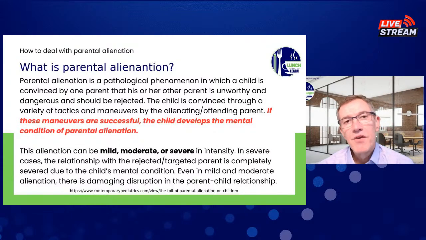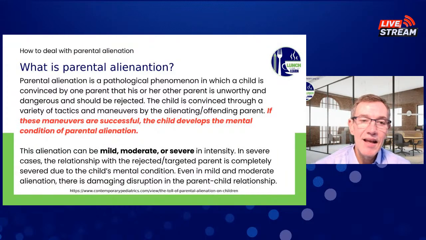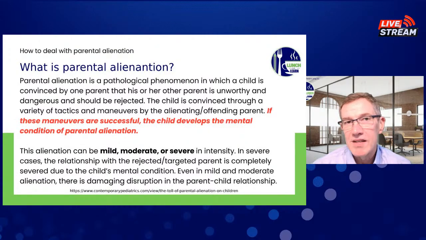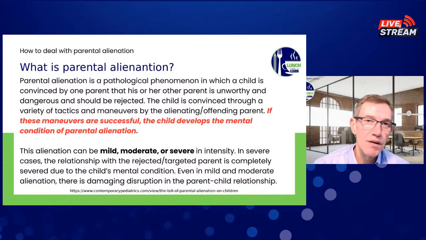Now, in this research paper, they also mention that there is a distinction between mild, moderate, and severe forms of intensity of parental alienation. It's just not one blanket or one size fits all. There are actually three stages that you can go through: mild, moderate, and severe.